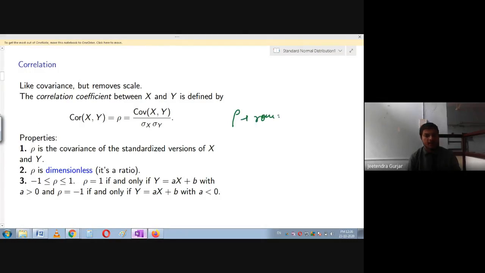So this rho, the correlation of XY, is equal to the covariance of XY divided by sigma X into sigma Y. I think you know the meaning of sigma. Yes, it is the standard deviation. Please remember this.